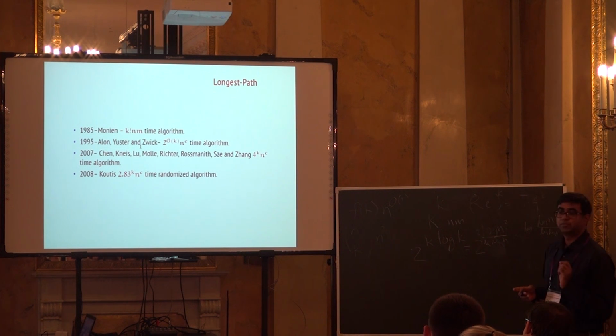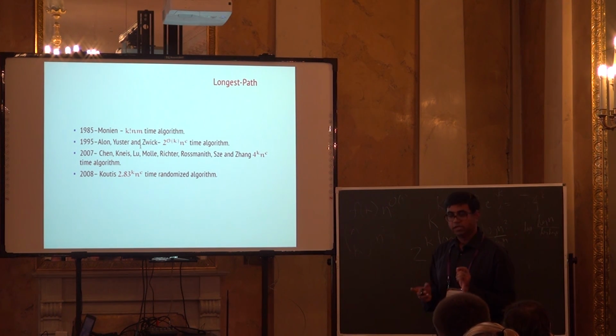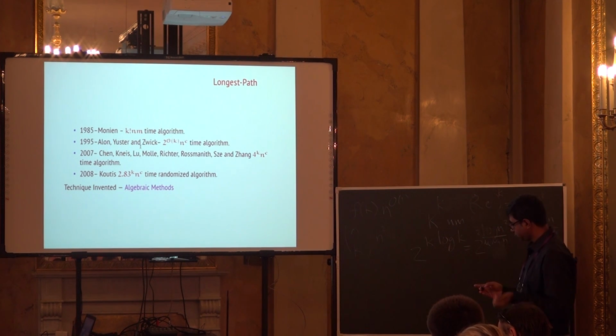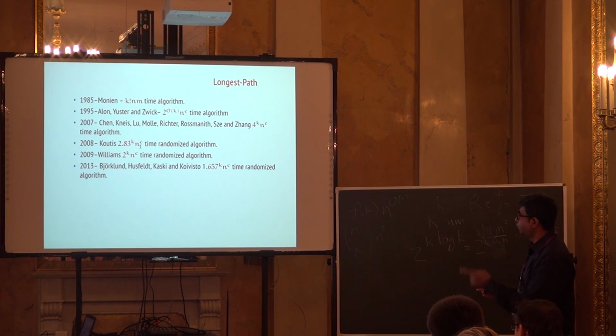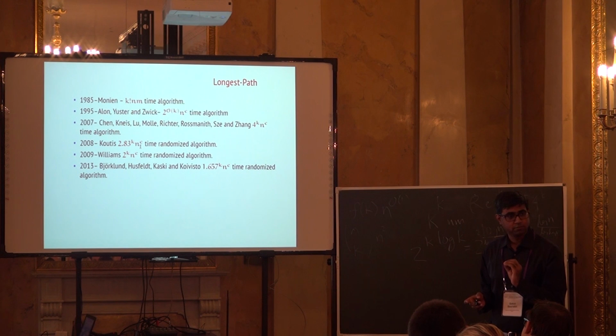In 2008, Ioannis Koutis came up with a 2.83 to the power k, n to the power c time randomized algorithm. And the technique which was developed was called algebraic methods, which we will spend a whole lecture on. But very soon, that algorithm of Koutis was improved by Williams to a 2 to the power k, n to the power c time algorithm.